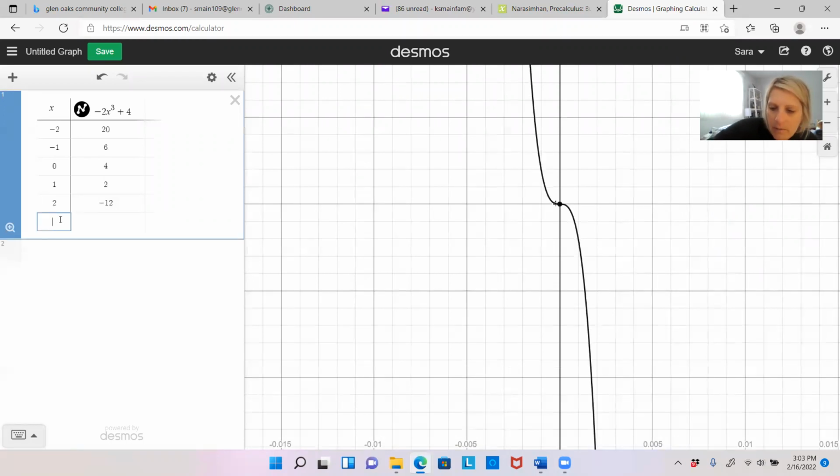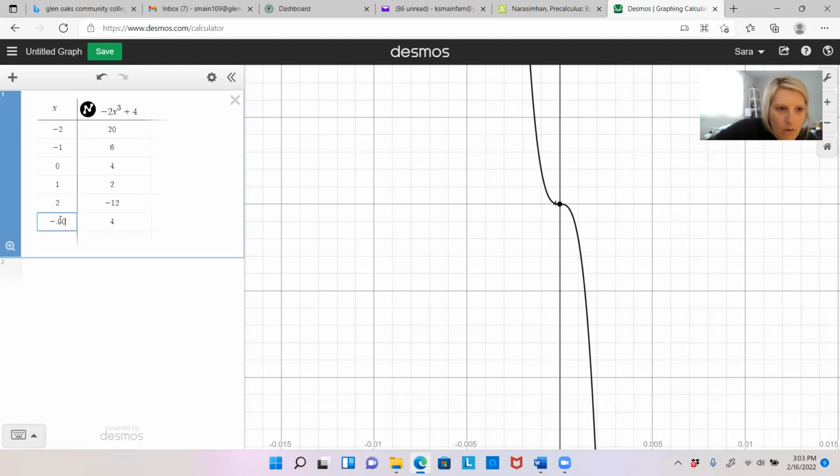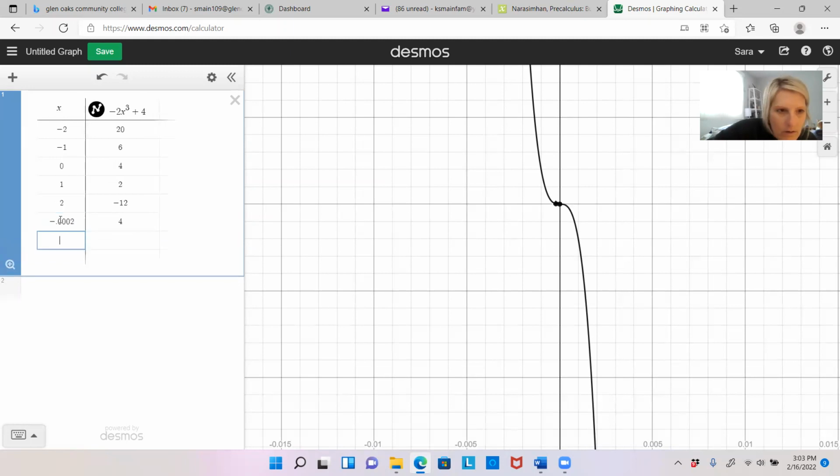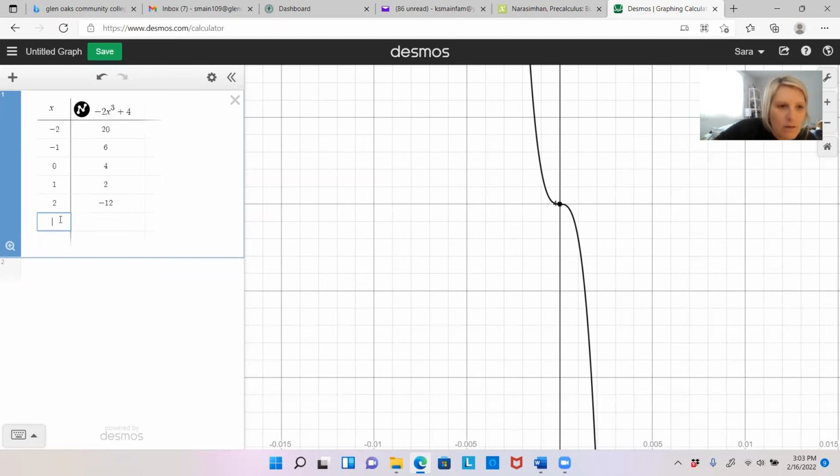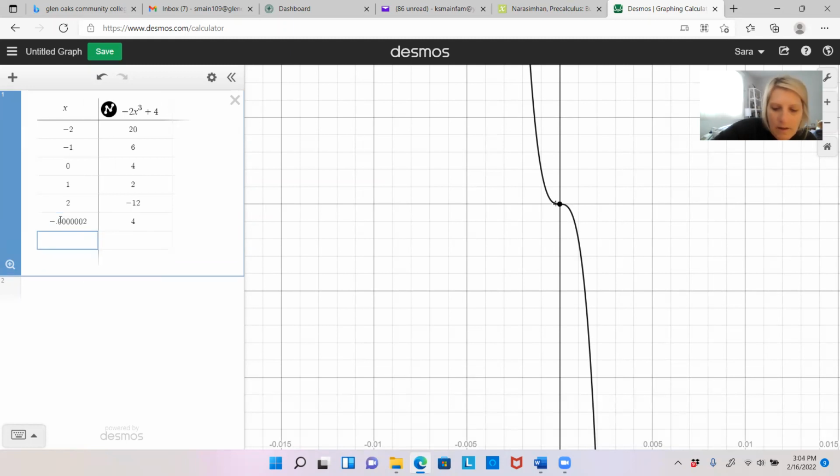Let's say I put in a -0.0002 for x. And then I'm going to put in a positive 0.00002. So it looks like it's at 4, but it's really not, because they're not giving enough decimal places here.